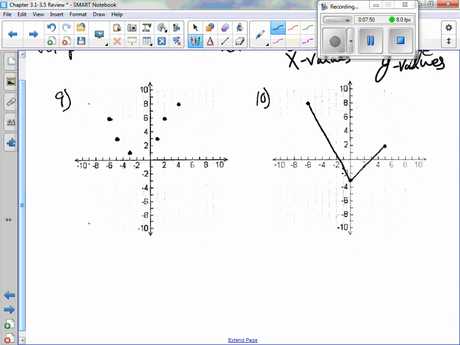So looking at number 9, the domain. What are our x values for this here? It looks like our first one might be, what? -6. What's another one? -6.